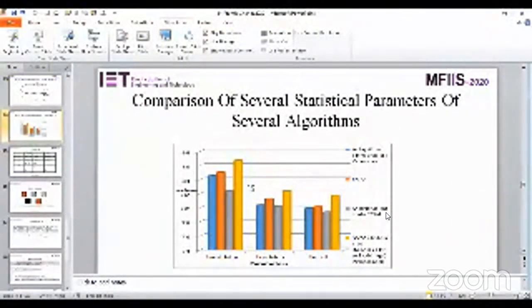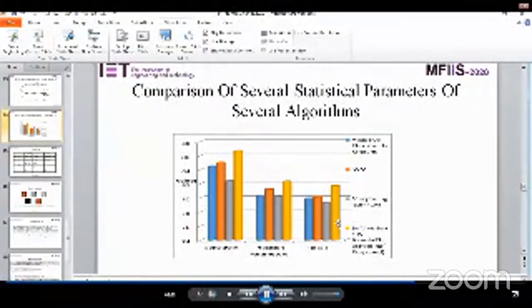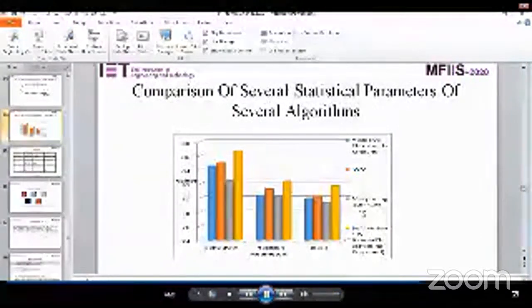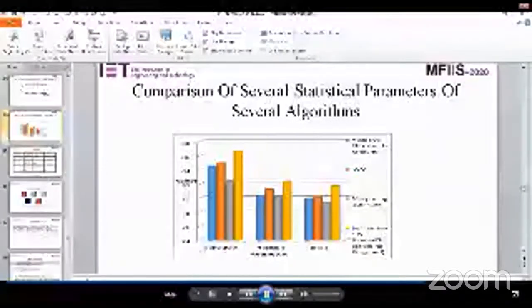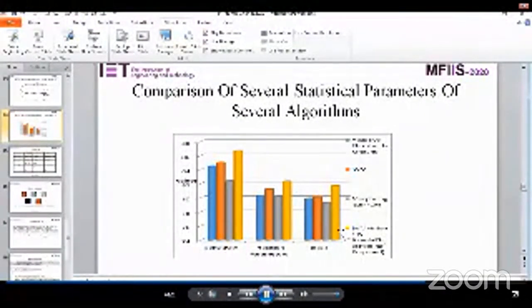If you see the yellow bar, which is our method, it provides, for the 3 cases of sensitivity, precision and recall, comparatively better results: sensitivity is more than 86%, precision is 82%, and recall is more than 80% compared to other methods. These are the comparative results of several existing algorithms.